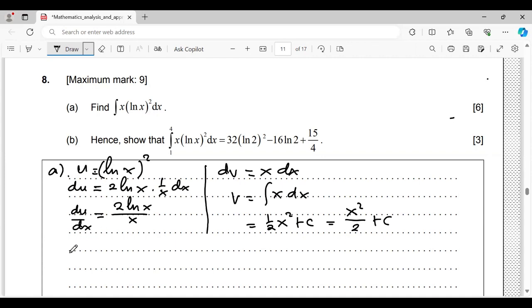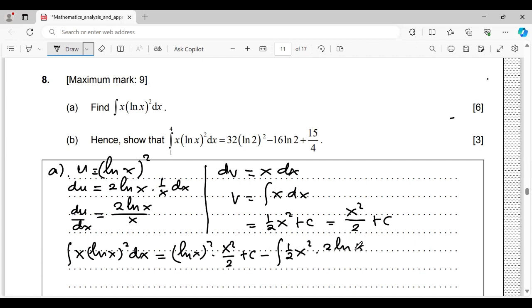Right. Based on this information, it means integral x (ln x) squared dx equals u times v. It means (ln x) squared times half x squared plus c, minus integral half x squared times 2 ln x over x dx.